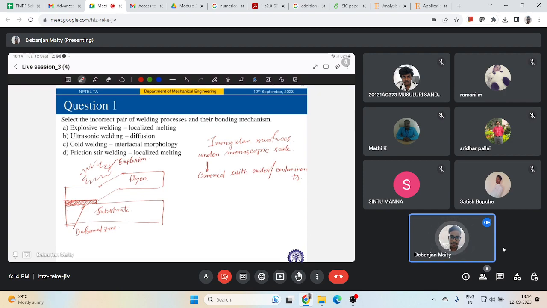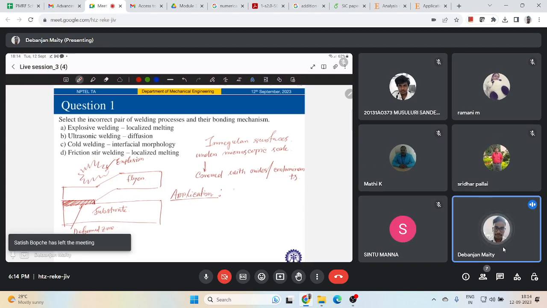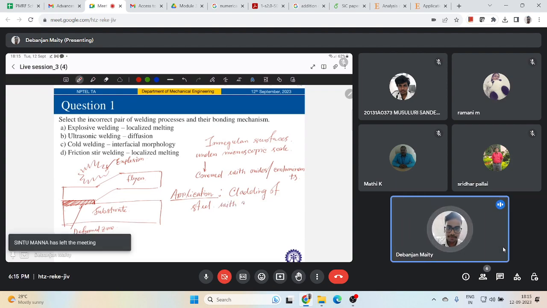Now, what are some common applications of explosive welding? People normally use it for cladding of steel components with some kind of corrosion resistant material.